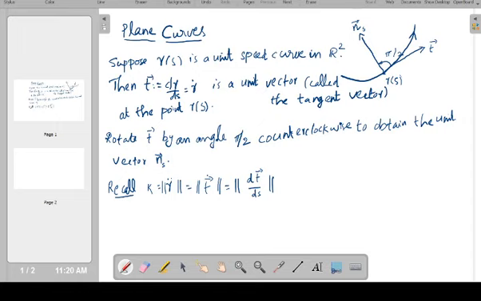At this point, the unit tangent vector was like this. At this point, the unit tangent vector was something like this.